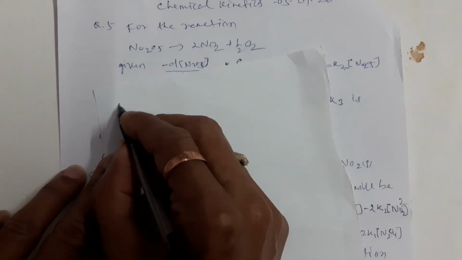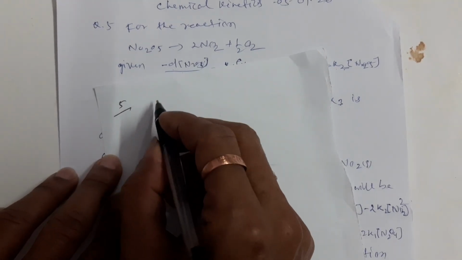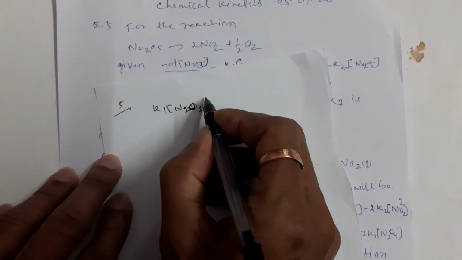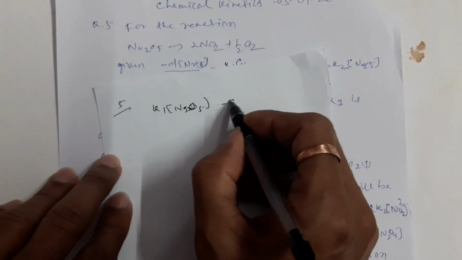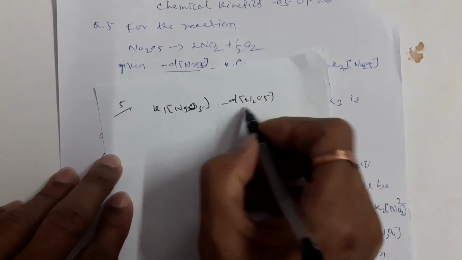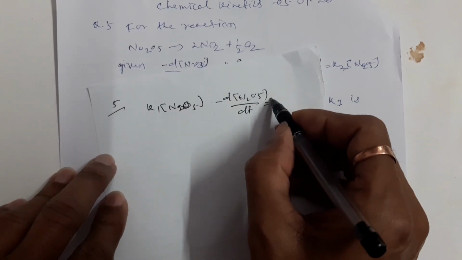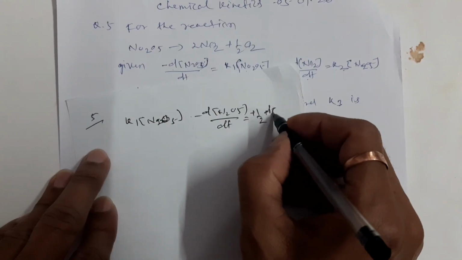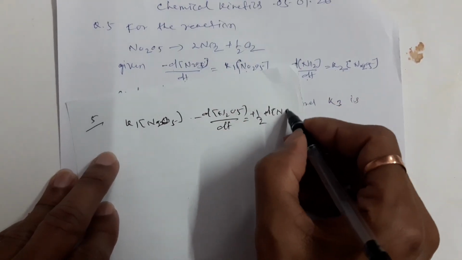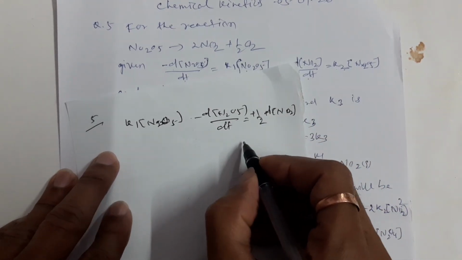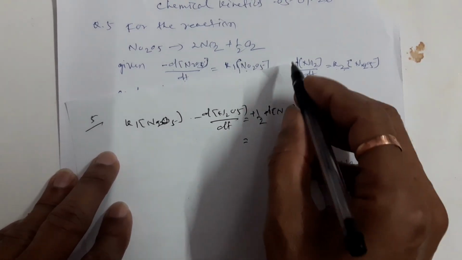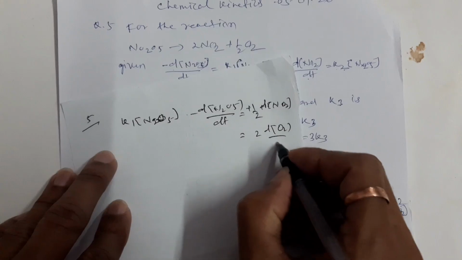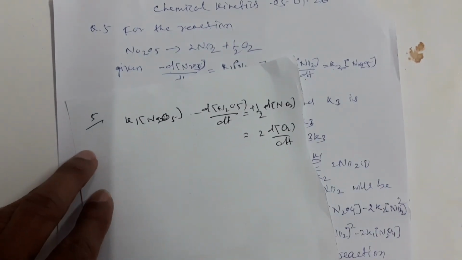Question number 5. So simply, K1[N2O5], that is minus d[N2O5]/dt, is equal to plus half d[NO2]/dt, and this is 2 d[O2]/dt.